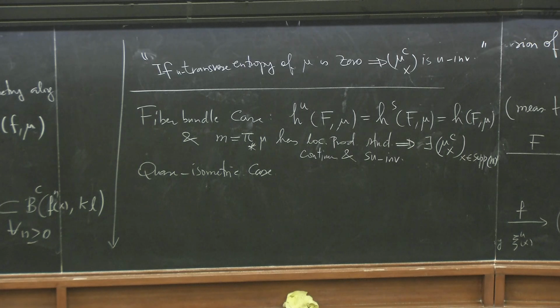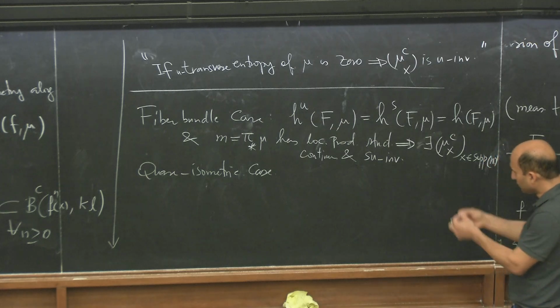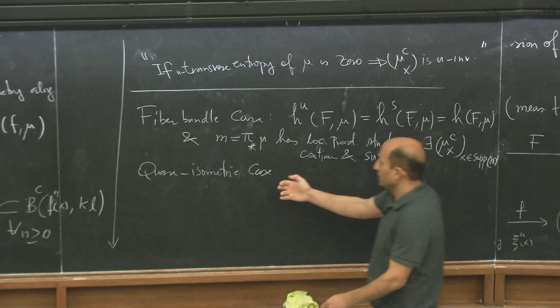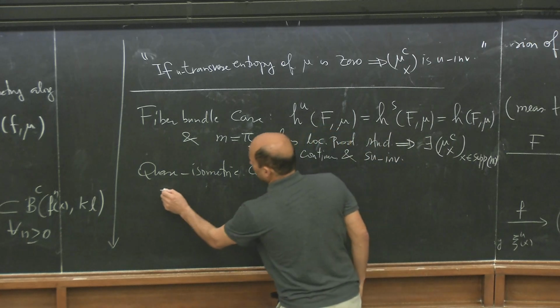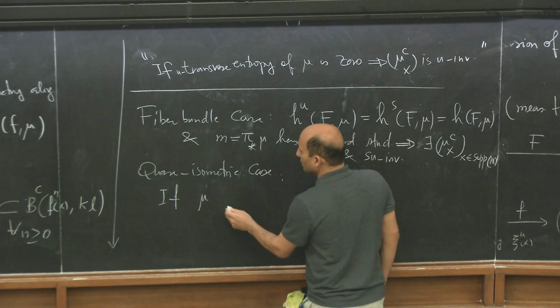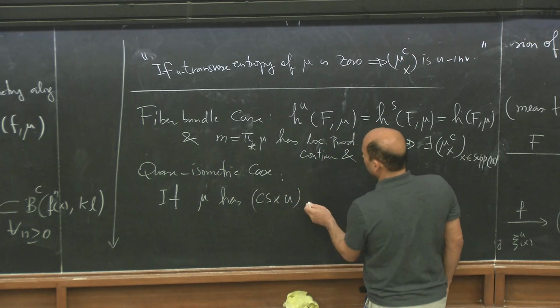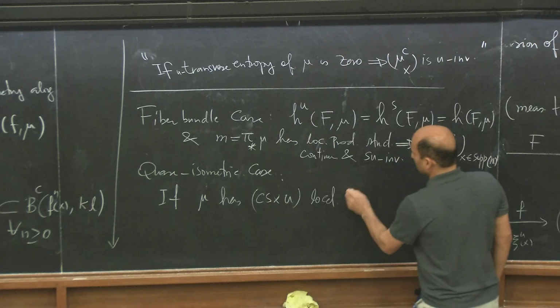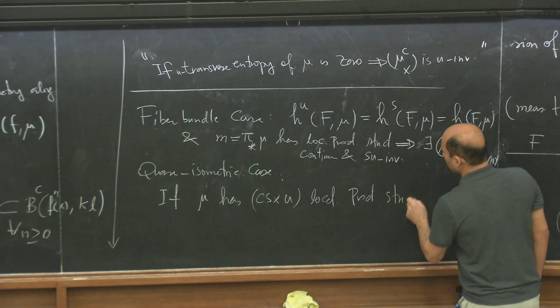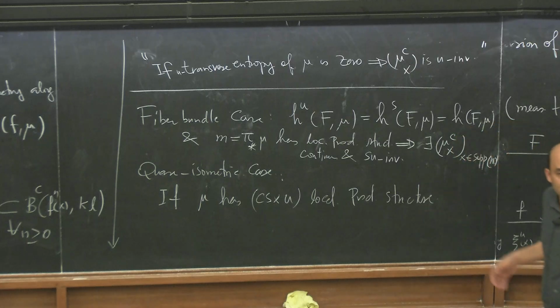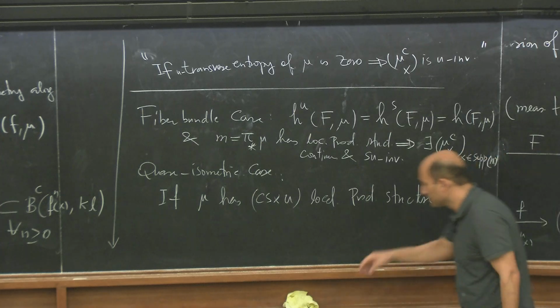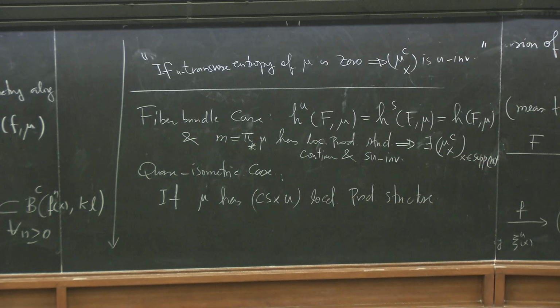If it has product structure, then you can prove that it is continuous and SU invariant. You can define it on the support. Here, if the measure mu has CS times U local product structure, then again you get the same result. You can define a continuous family of center disintegrations such that they are SU invariant.